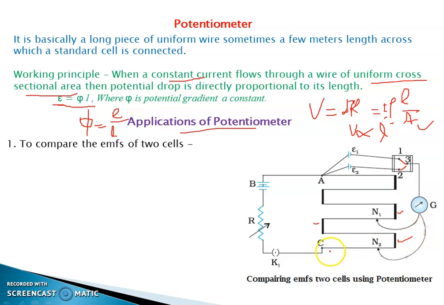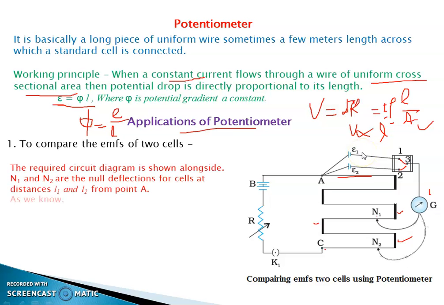Now we slide this jockey from point C in this direction. What will happen when we drag this jockey? The deflection in the galvanometer will decrease, and at a point the galvanometer deflection may be 0. Then the potential difference across the wire will be equal to the EMF of the cell.